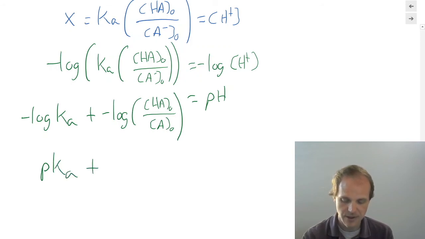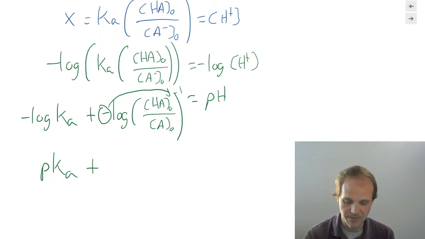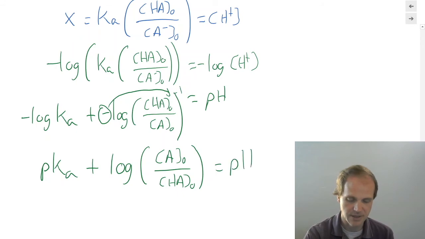And negative, we can actually put that as an exponent here to the minus 1, because remember the log of A to the n is n log A, so you can do that backwards. N log A is the log of A to the n. So I'm going to take that negative 1 and put it up there. So we end up with a plus sign here, and we get [A-]naught over [HA]naught is equal to pH.